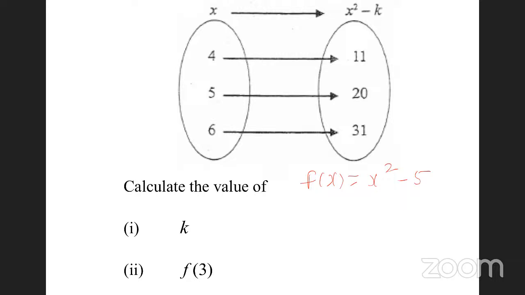What is f of 3? 4. How did you get that? Substitute x is 3. 3 squared is 9. 9 minus 5 is 4.